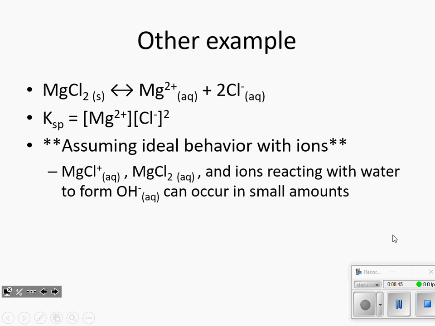So there's a couple of ways that we can solve problems with this Ksp, this last topic. Next class, we're going to show you how to do this for double displacement reactions. After all, when you see those S's, maybe that's one of the things that comes to your mind. I could give you a problem like, let's say, magnesium nitrate plus sodium chloride in a double displacement reaction.